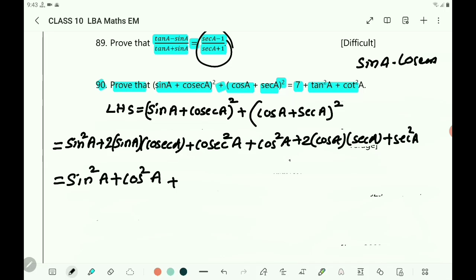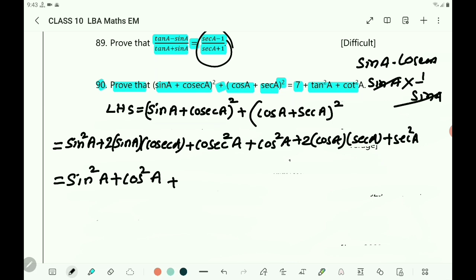You know in multiple choice questions and 1 mark questions, you get that what is the value of sin A into cosec A. Sin A into cosec A is always equals to 1 as they are the reciprocals of each other. That is sin A into 1 by sin A cancels each other.